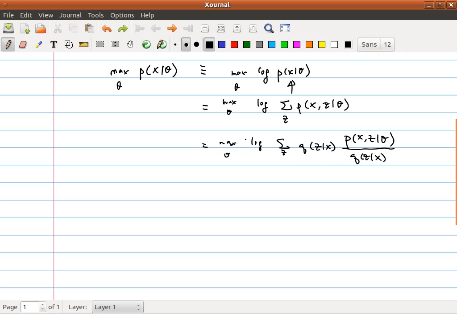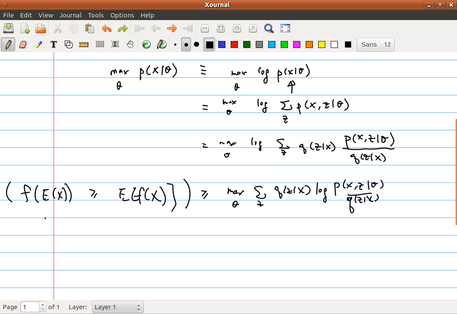Therefore, the log function here is concave. By Jensen's inequality that we showed last time, this expression will always be bigger than or equal to this expression here, because the first one is like f of the expectation of x, where f is a concave function, which is always bigger than or equal to the expectation of f of x, as long as f is concave.